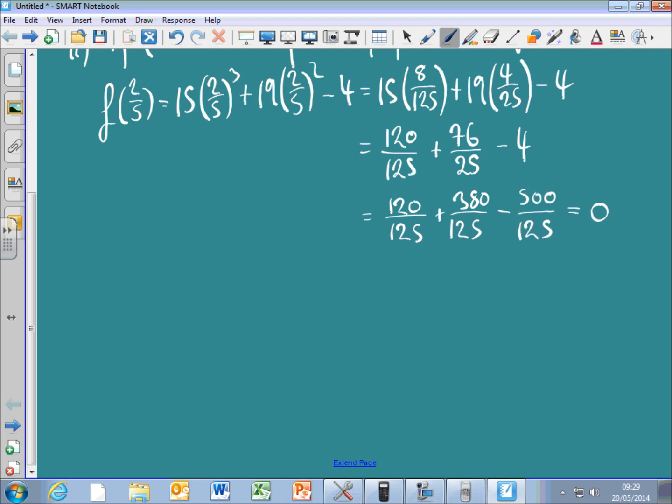And we can say that equals 0. And because it equals 0, we can say, therefore, 5x minus 2 is a factor of f of x.